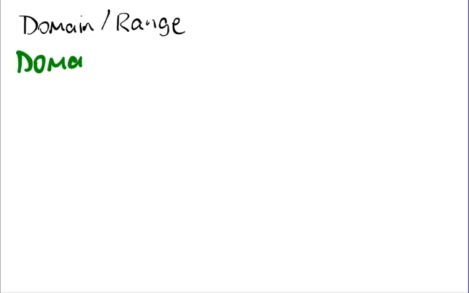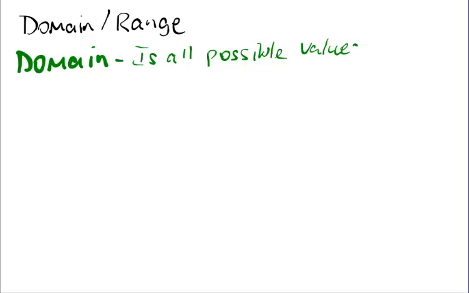The domain is all possible values of x. All possible values of x. If you're looking at a function, we want to know what values of x work.